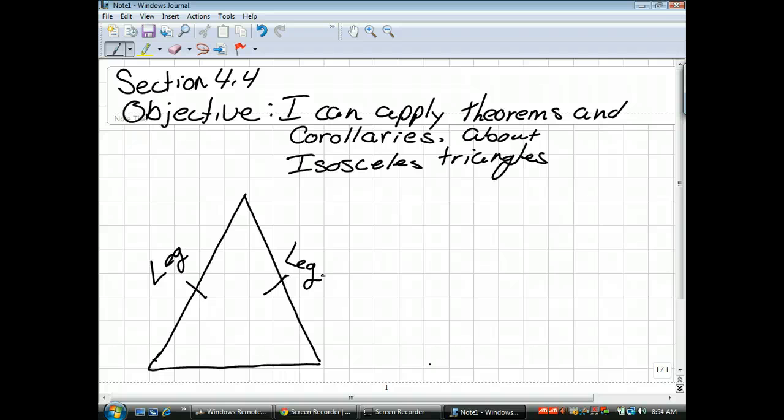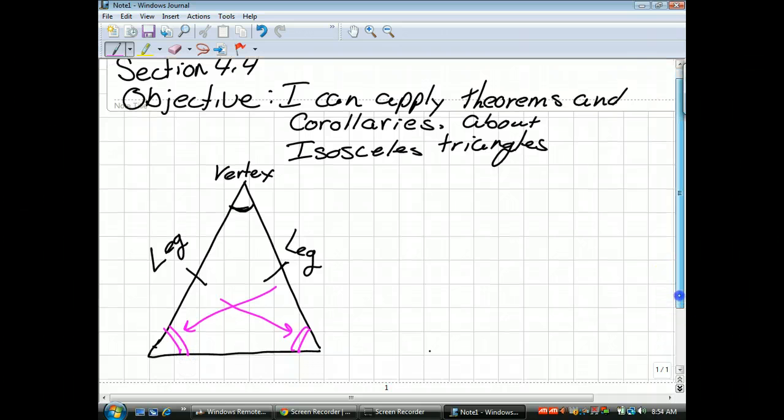The angle formed by the two congruent sides, which would be this angle, is called our vertex angle. And the angles opposite the congruent sides, which would be that angle and that angle, are called the base angles.